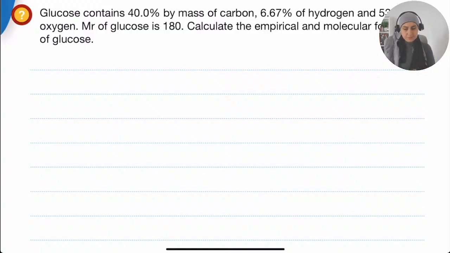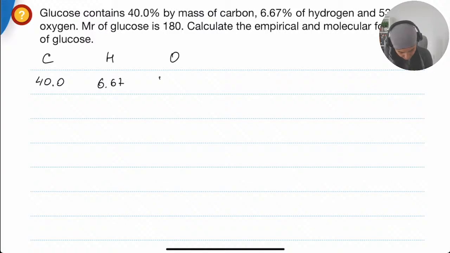So to find the empirical formula, I need to find the ratio of moles. That's what I would do. So carbon 40, hydrogen 6.67, oxygen 53.3. So these are grams of atoms. Then I divide them by relative atomic mass to convert to moles.